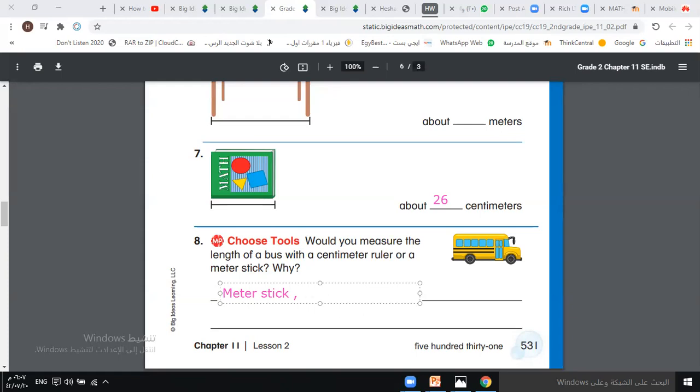Let's write: because the bus is longer than the ruler. Write like this, because the bus is longer than the ruler.